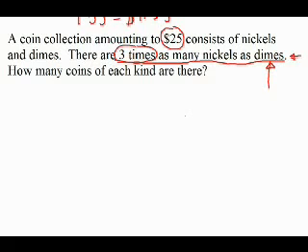So whatever piece of information we want to know first, that's the piece of information we're going to let. So we would say something like, let x represent the number of dimes. In grade 9, we avoid using 2 variables, even if we have 2 unknowns. We have to mathematically relate the first unknown to the second unknown. So here we've called the number of dimes x, and we know that the number of nickels is 3 times that amount.